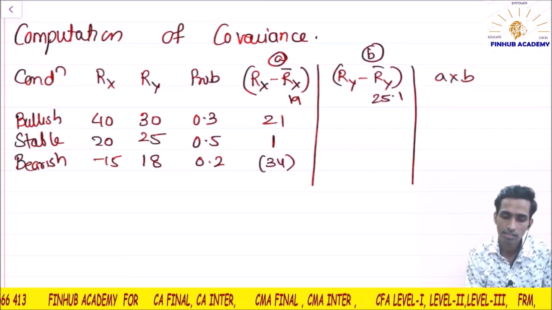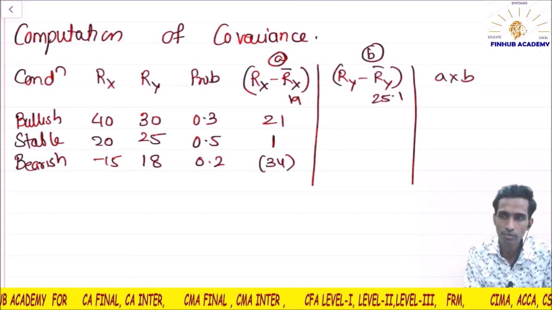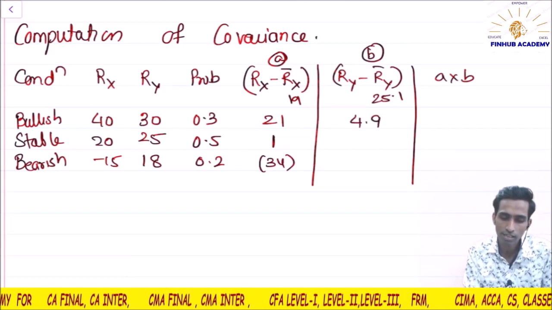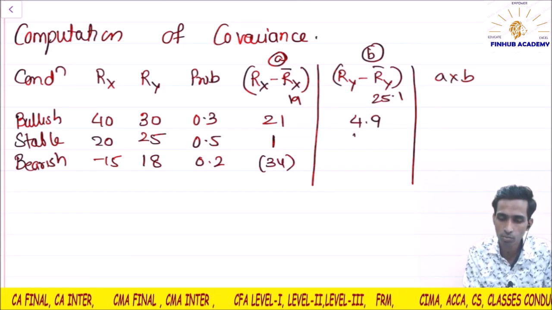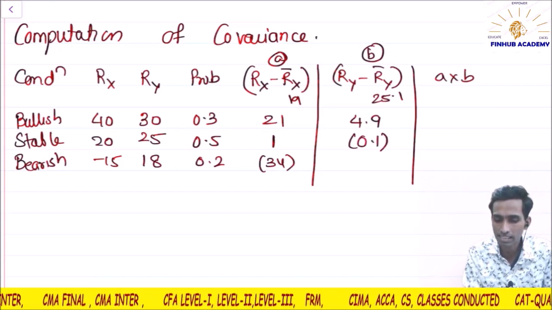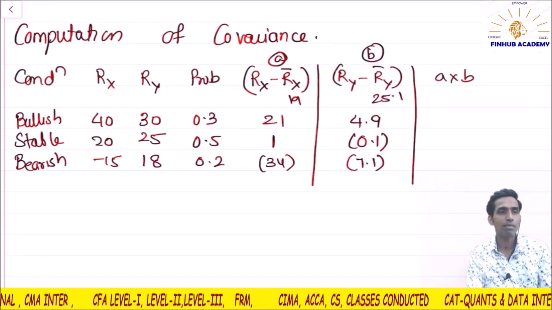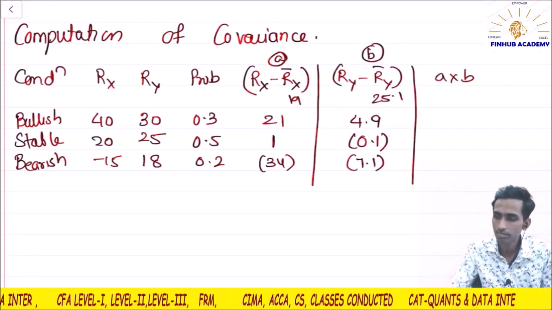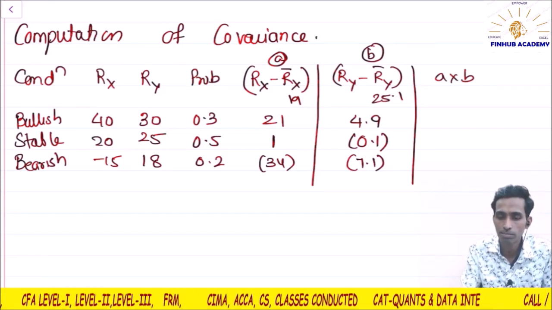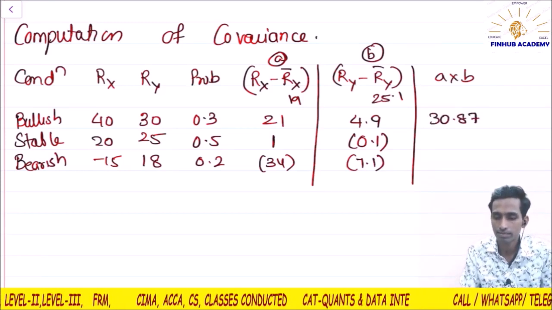Then Ry minus Ry bar: 30 minus 25.1 is 4.9. 25 minus 25.1 is minus 0.1. 18 minus 25.1 is minus 7.1. Now 21 multiplied by 4.9: use M plus. It is 102.9.